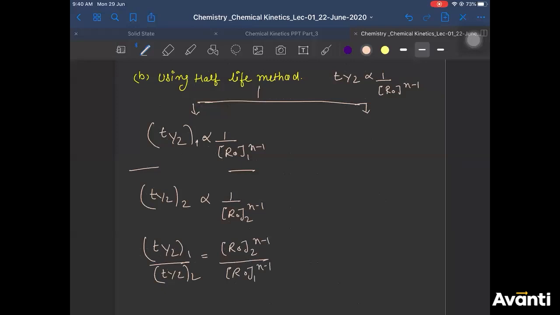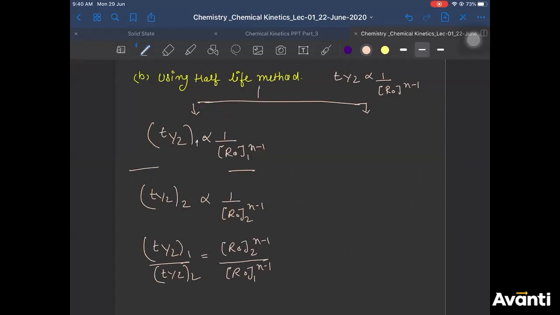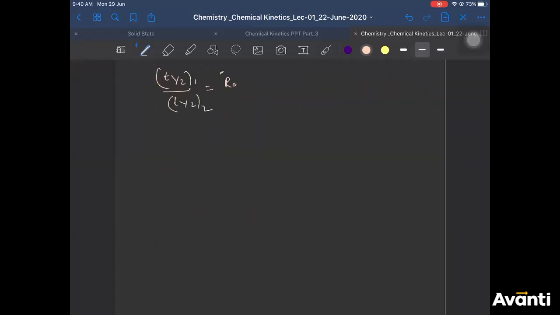Right? Now, you can rewrite your equation t half 1 by t half 2 as R naught 2 by R naught 1, whole power n minus 1.